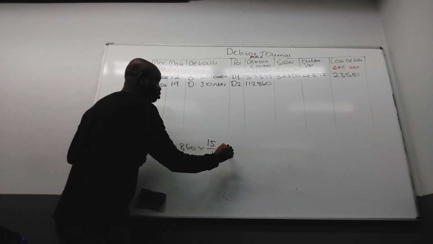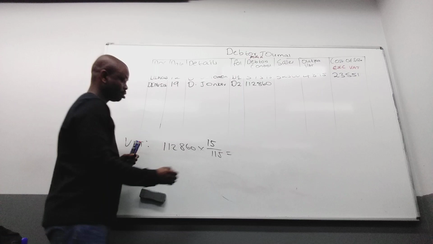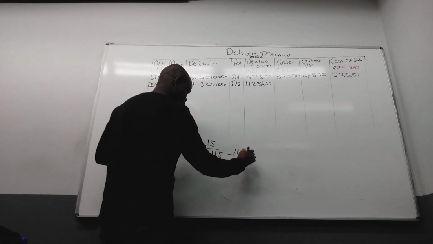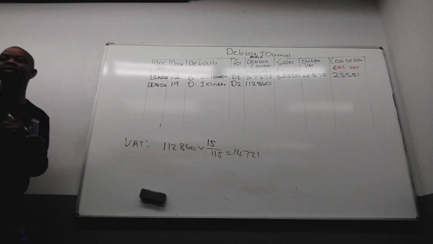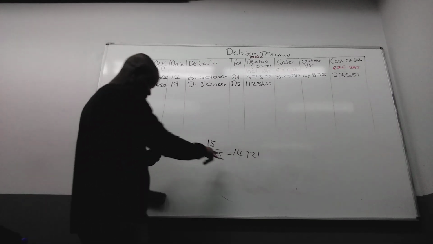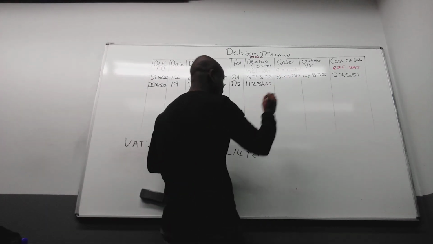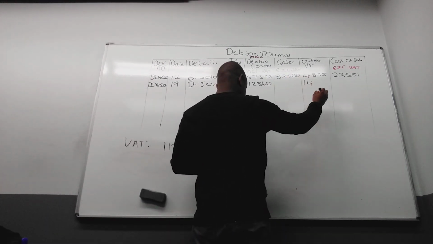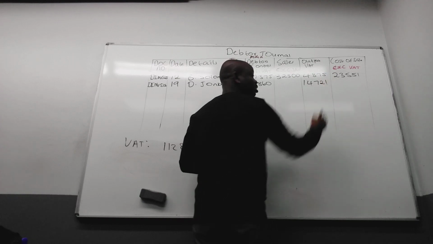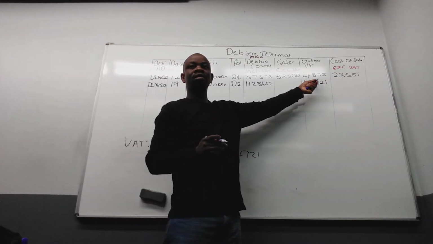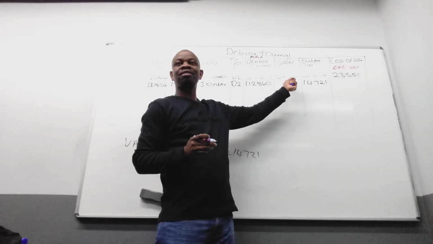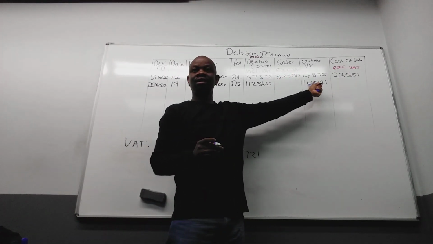You got 14,721, it's rounded off, no problem. That's the VAT that I'm going to put here: 14,721. And the minute you find this one, this must be obvious because it's the difference between the two.